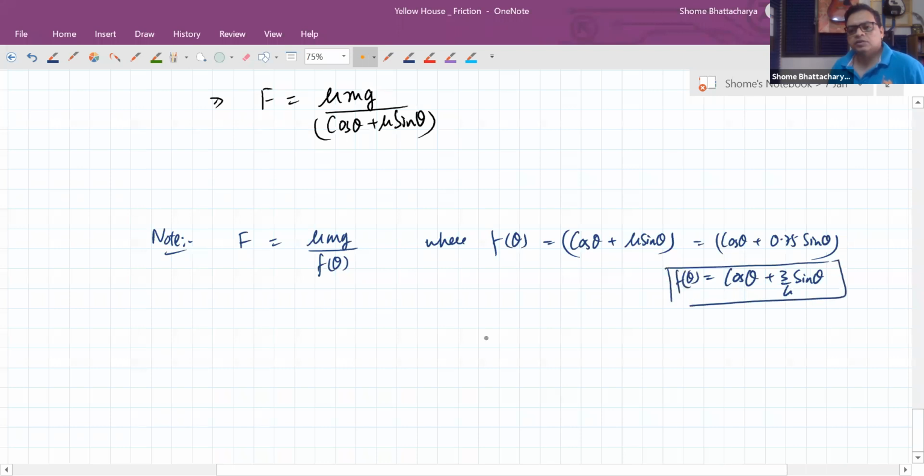This is this function. Okay. So therefore we can see F's minimum value will be mu mg divided by this function's maximum value. Okay. So now we have to calculate the maxima of this and the angle theta for which this will be maximum. Both these things we have to calculate.